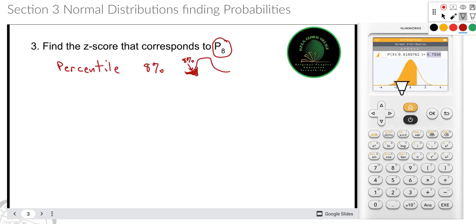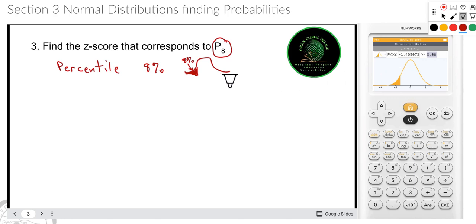Again, we're still with the less than tool, but this time we put in 8%, which is 0.08. Be careful, it's not just 0.8, because that would make it 80%. We execute, and it's this little piece down here. That's our 8%. The 8th percentile occurs at a z-score of negative 1.41.